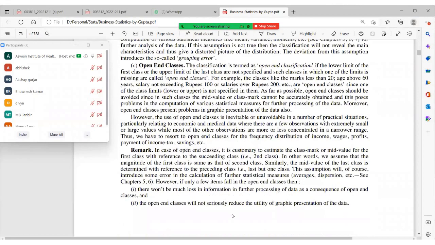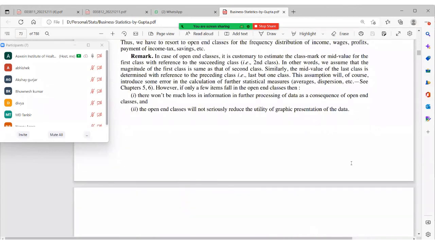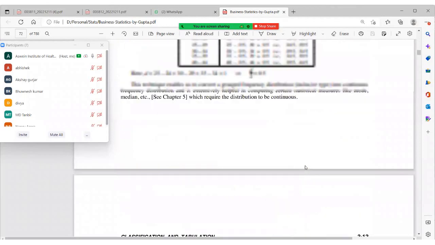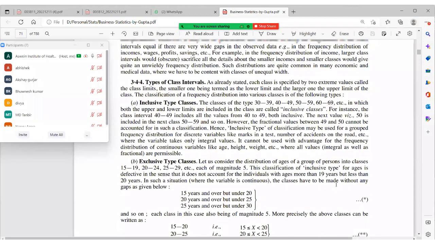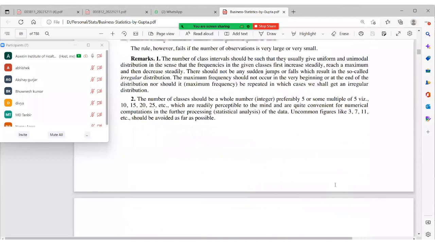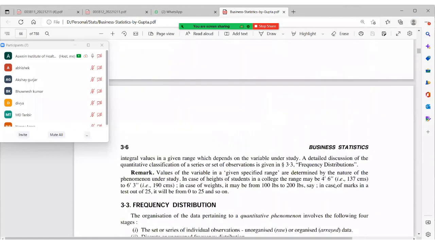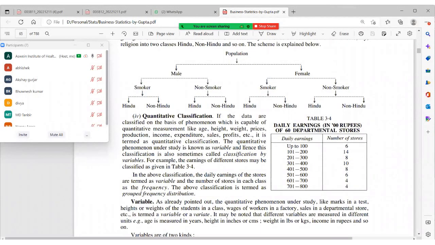Open end classes. See, in this daily earning table, in the second class it is written 101 to 200, third 201 to 300.